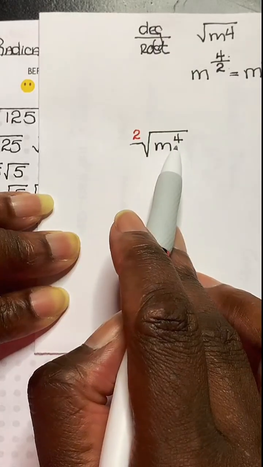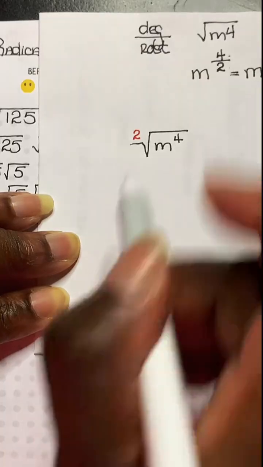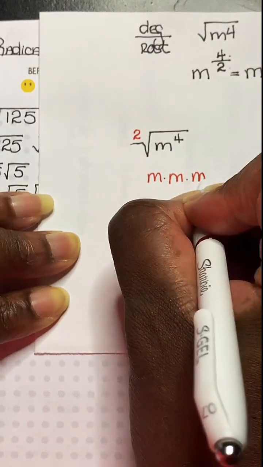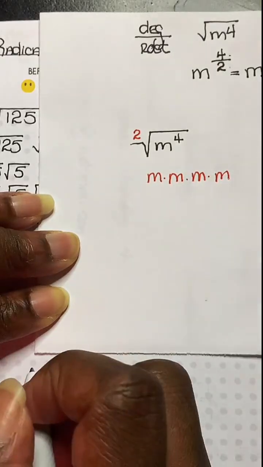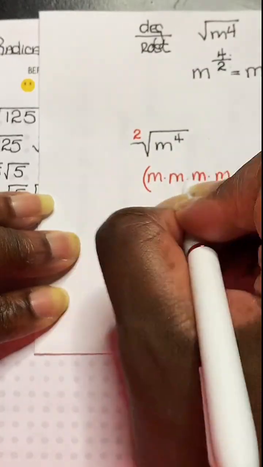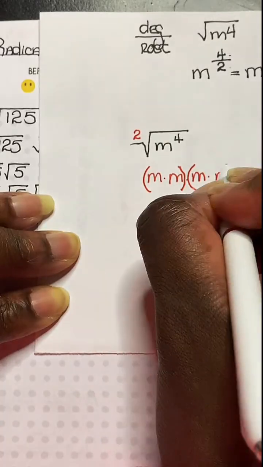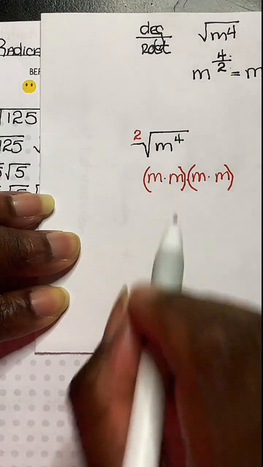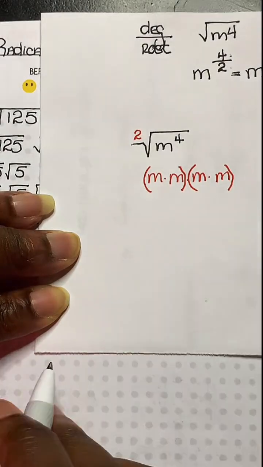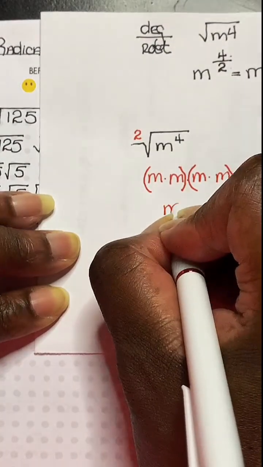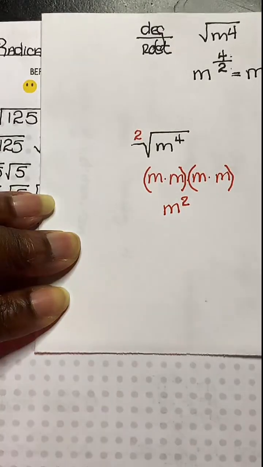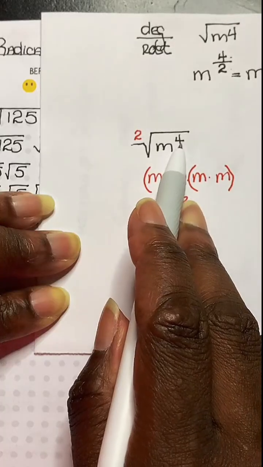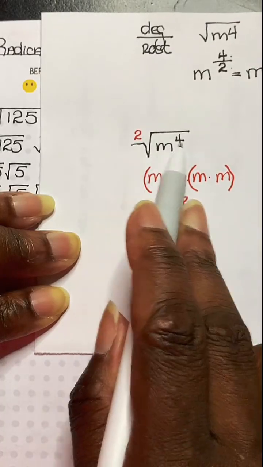So if I have 4 of those bad boys and I want to group them into 2's, how many groups do I have? I got 2 groups. So that will be m squared. Or, here's another quick check. If this is even and you got a square root, just take half of that.